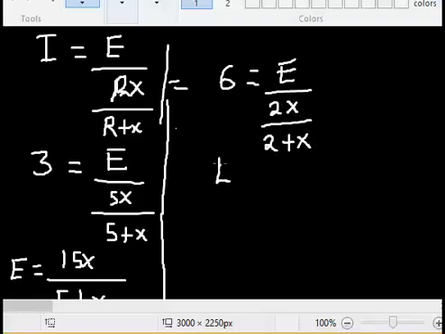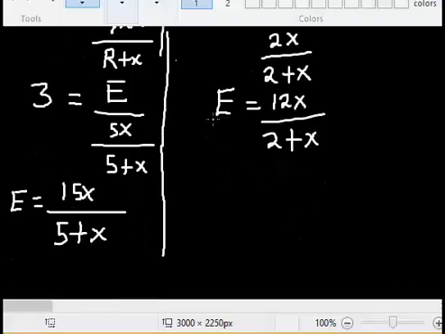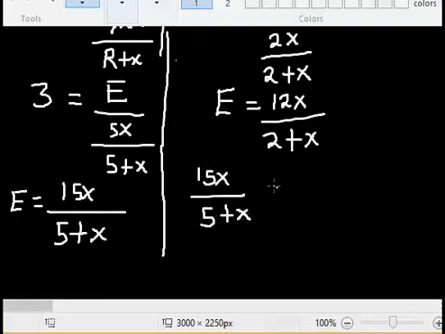Cross multiplying now, the same E is gonna be equal to 6 times 2x, that's 12x divided by 2 plus x. Of course, E is equal to E, so I can equate. So I will have 15x all over 5 plus x is equal to 12x all over 2 plus x.